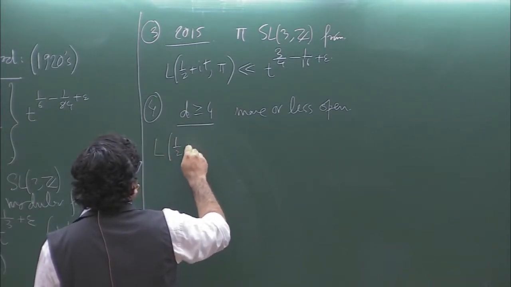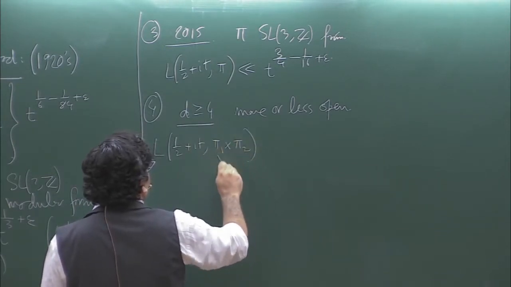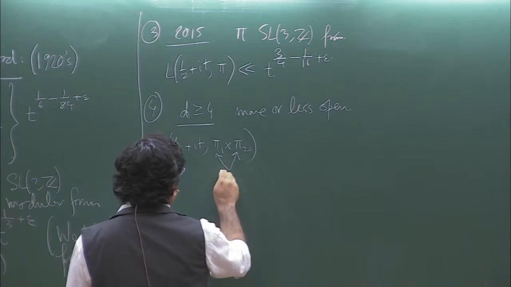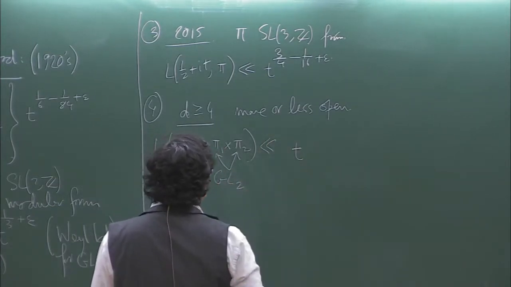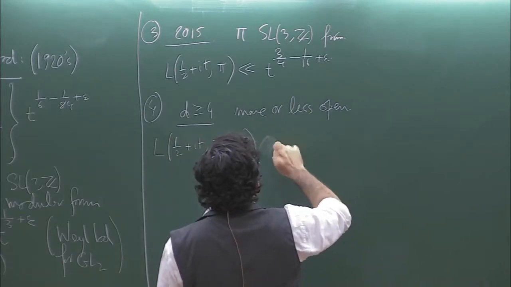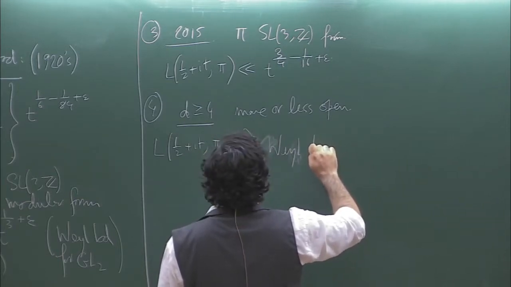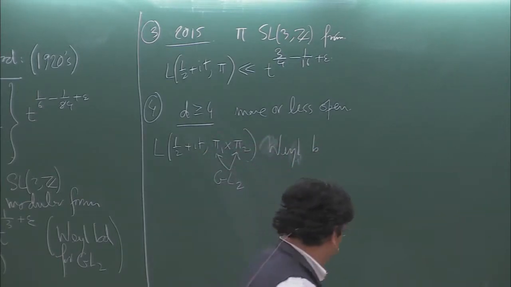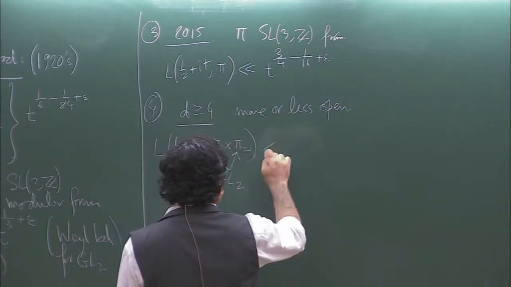If you look at L of 1/2 plus it, pi 1 cross pi 2, a Rankin-Selberg convolution of two GL2 forms, then you can show that this is bounded by, so again, maybe I'll just say, I'm not sure whether we know a Weyl bound here, so let me just say we know a subconvex bound.